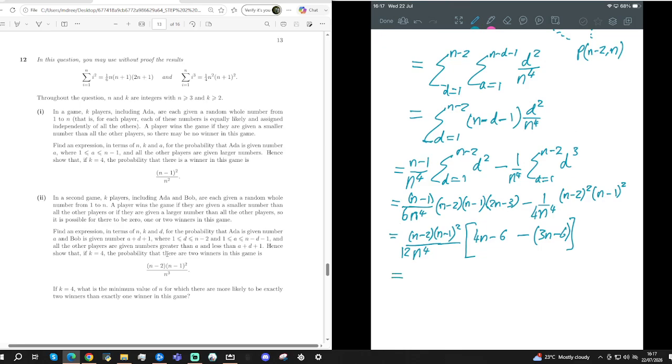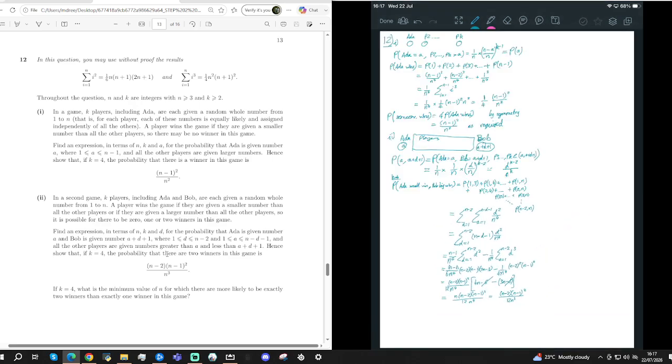So the minus 6 and the positive 6, those cancel. That leaves behind a 4n minus 3n. I'm going to do it slowly because officially it is a show that question. So therefore we're left with this, which is nearly what we want, except for that 12.